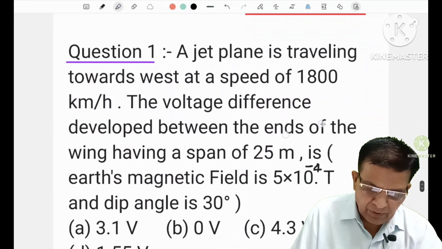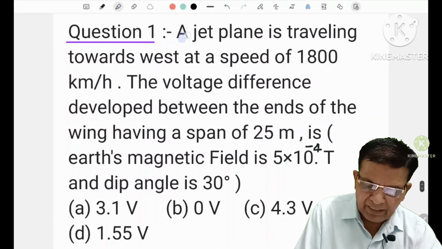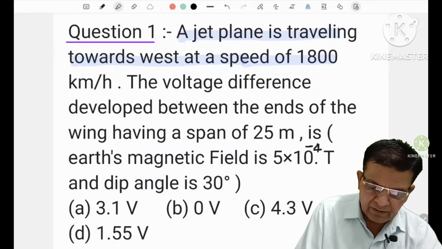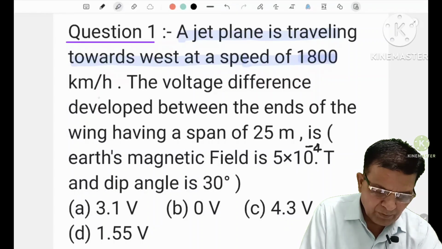Solution. Question number 1. A jet plane is traveling towards west at a speed of 1800 km per hour.